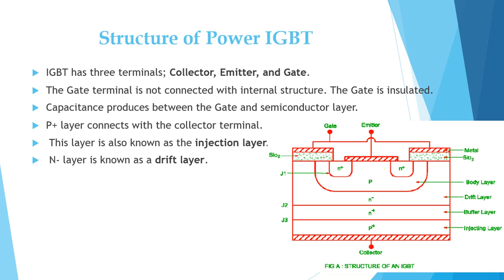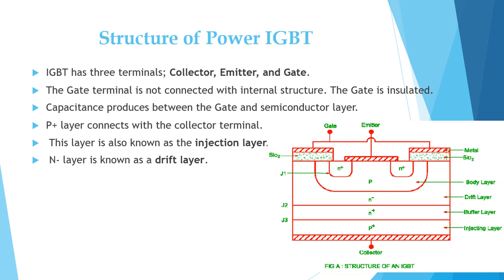There are many layers, and in that, the doping levels are different. Look at these doping levels. This is N plus, this is P plus. P plus means the P region is highly doped. N plus means the N region is also highly doped. The P plus region we can call the injection layer.